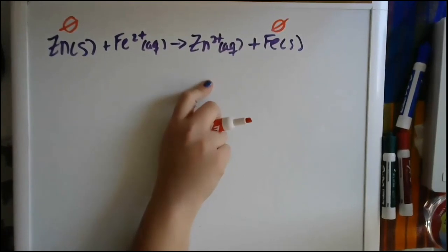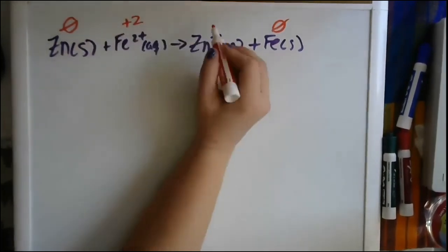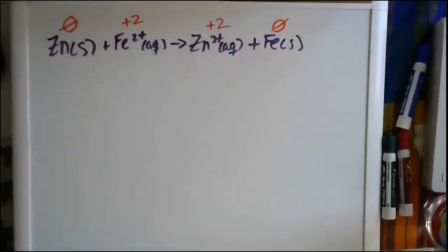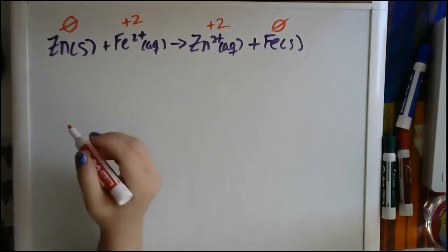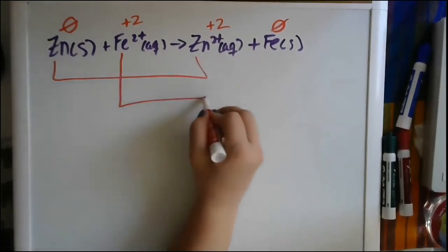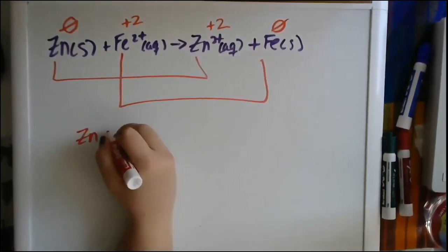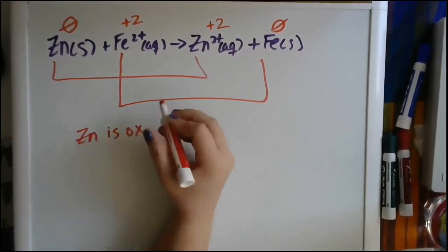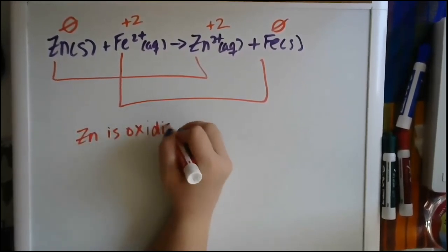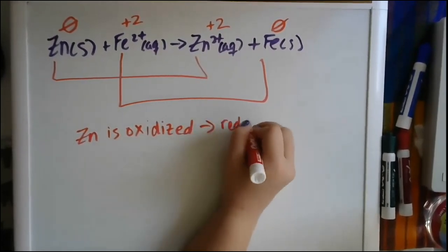They are both monoatomic ions, so they are each going to have the oxidation state of the charge of the ion. Once I have my oxidation states labeled, then I can look here and I can say that my zinc is oxidized because the oxidation number is increasing. If zinc is oxidized, that means that it's a reducing agent.